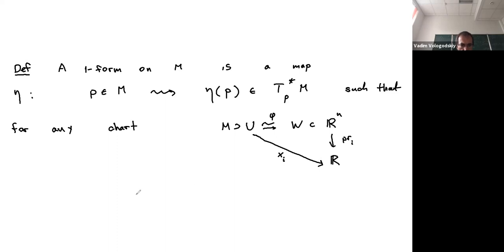In particular, since I have U and a collection of functions, I have these one forms, right? So for every point P, I have cotangent vectors that I already defined.